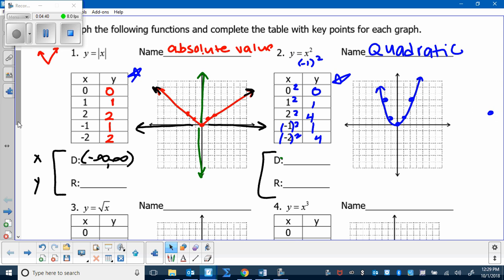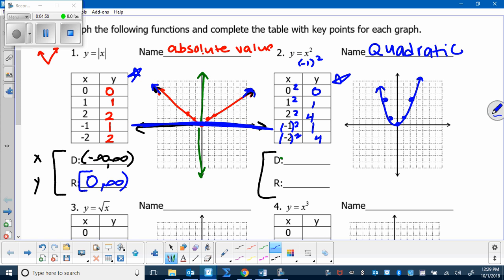So the bottom of that graph is located where? The very bottom of that graph is here. What y value is that? You're right, that's totally 0. There's a closed circle on 0, so you use a bracket. And then that graph is going up to positive infinity. So your range is 0 to infinity for absolute values.